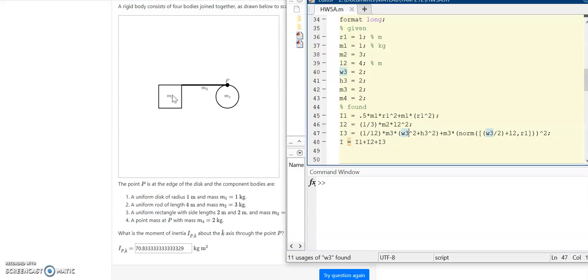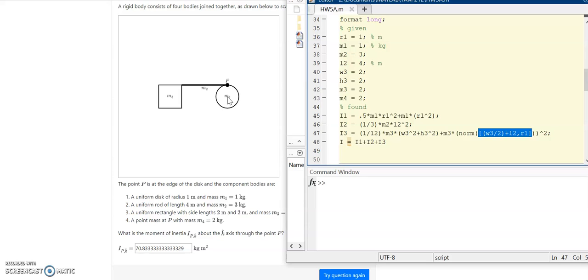And then for the rectangle, we have an equation that gives us the moment of inertia about its center, 1/12 m times width squared plus height squared. Then we use the parallel axis theorem for that as well. In this case, it's its mass times, and this is a little different, a vector from the center of mass here to point P. For the x component, it's going to be the width over 2 plus the length of the rod to get us to the x coordinate we need.